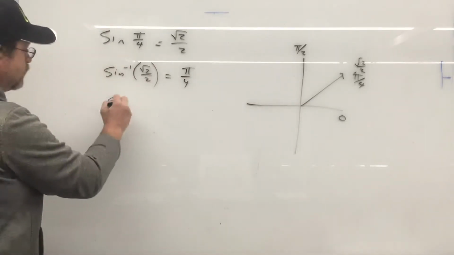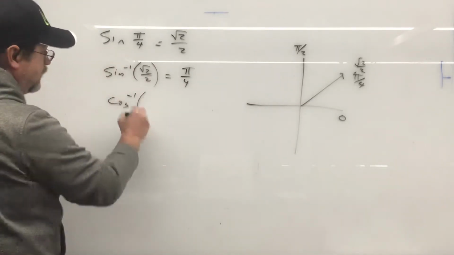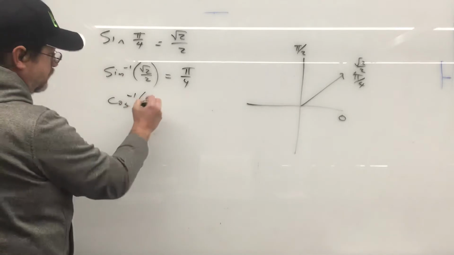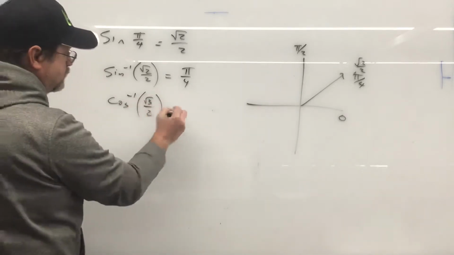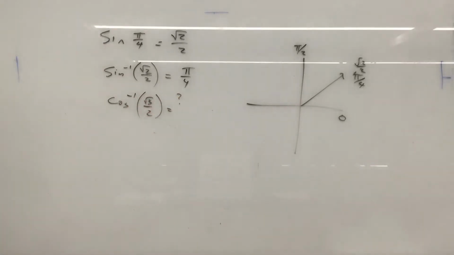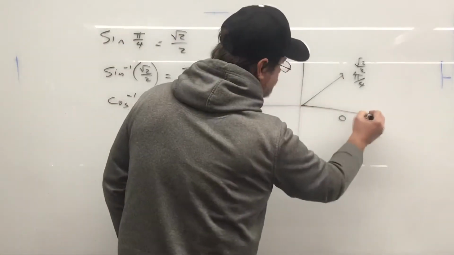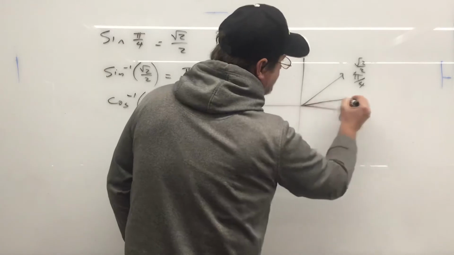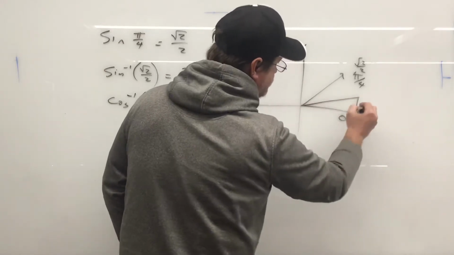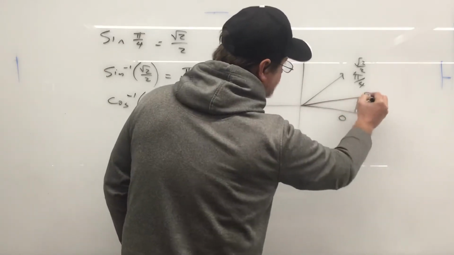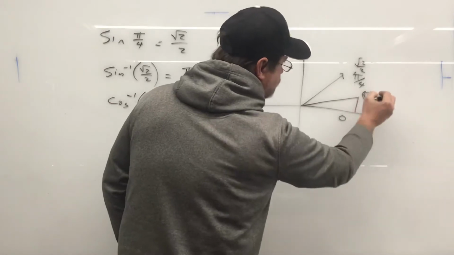Or what is the inverse cosine of radical 3 over 2? For that, we have to say, okay, radical 3 over 2, what happens with cosines, the x value? Cosine is 1 down here. The next thing that happens is that cosine, this x direction, is radical 3 over 2.